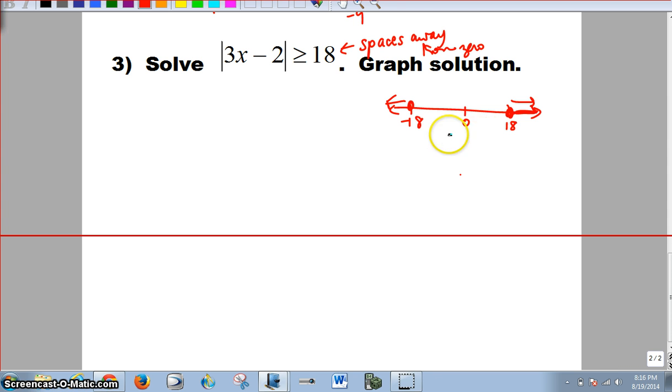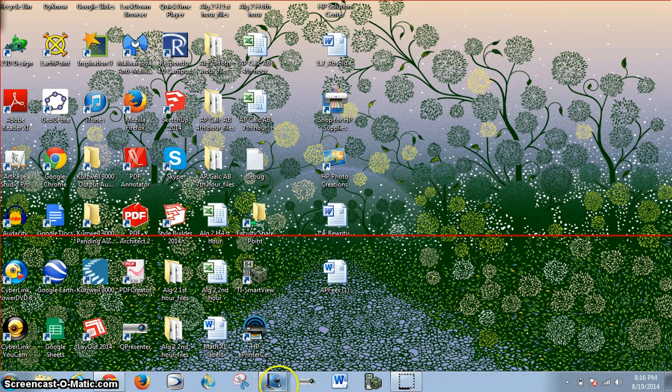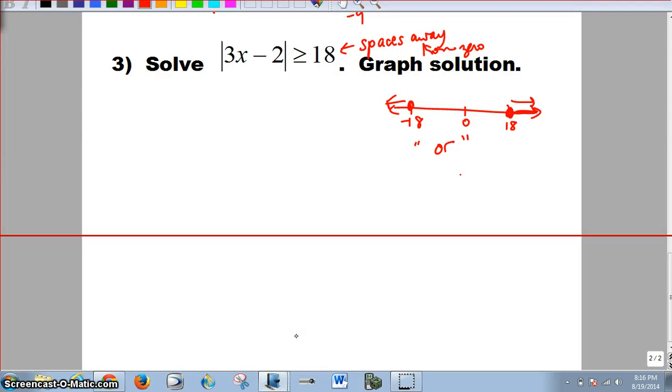So what we have here is an OR compound inequality, and we're going to write that OR compound inequality now. We're going to say that 3x minus 2 is greater than or equal to 18, which counts for this part, or 3x minus 2 is less than or equal to negative 18, which counts for that part.